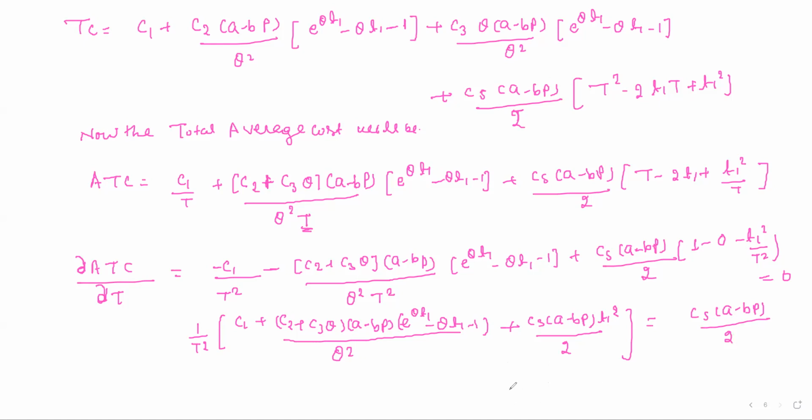Now T square will be C1 plus C2 plus C3 theta (A minus BP) e to the power theta T1 minus theta T1 minus 1 upon theta square, plus Cs (A minus BP) T1 square by 2.